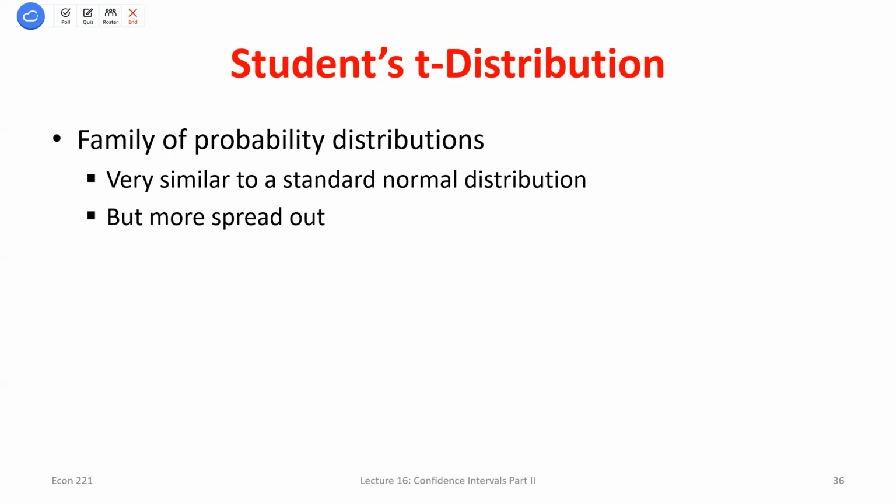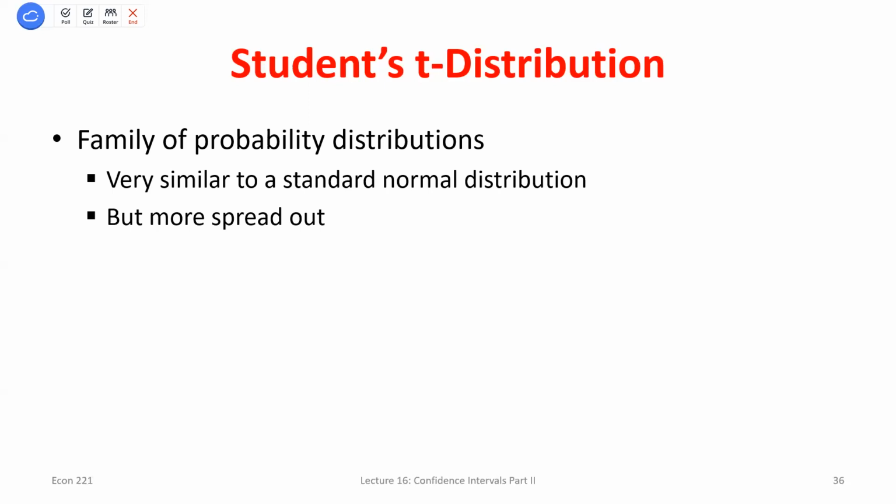Because think about this, if I divide by 4 instead of 5, dividing by a smaller number creates a higher variance, right? So I have these slightly more spread out distributions, but as my sample size gets higher and higher, this actually gets closer and closer to being an approximation for the standard normal. So if I had 1,000 as my sample size, well, dividing by 999 instead of 1,000 doesn't change the variance very much.